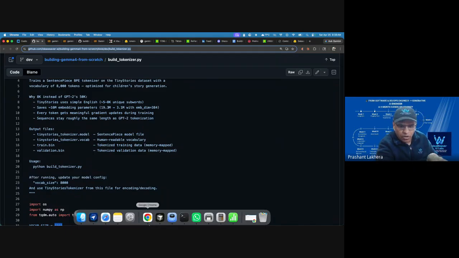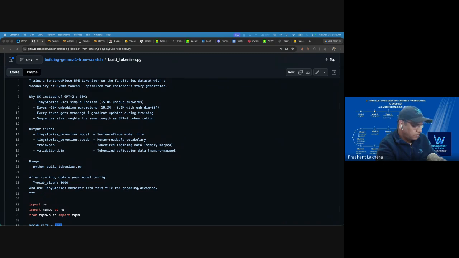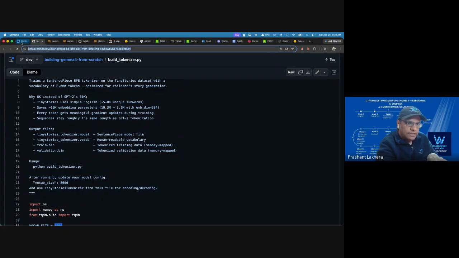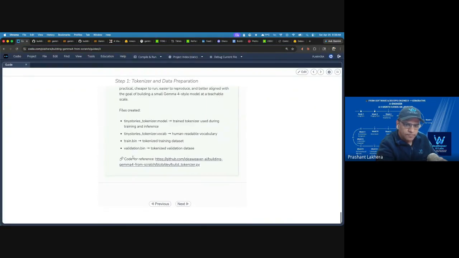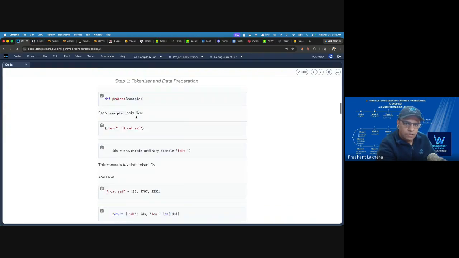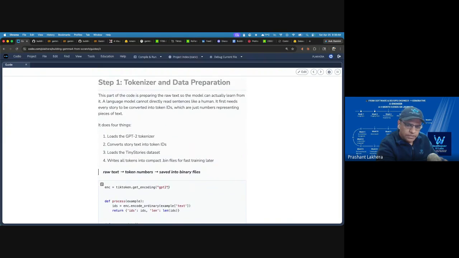So let me show you what exactly is going to happen. If you run this script, it is going to create 4 files. One is called the tiny tokenizer model file. If you look at this first piece of code, we are downloading a tokenizer and utilizing it.